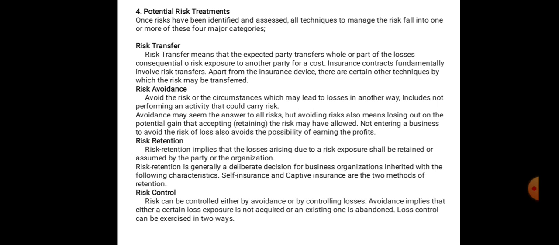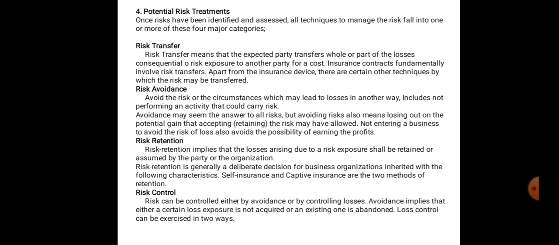The next, 4th step is potential risk treatments. Once risks have been identified and assessed, all techniques to manage the risk fall into one or more of these major 4 categories: risk transfer, risk avoidance, risk retention, and risk control.